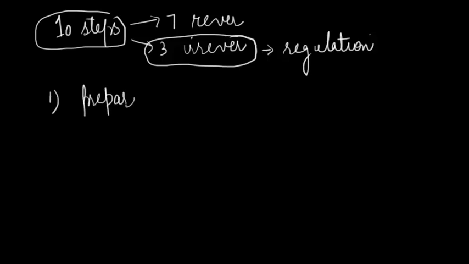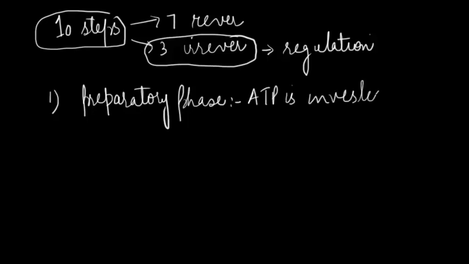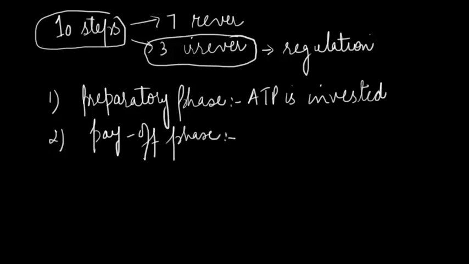First is the preparatory phase, which is also called the investing phase. It's called so because here ATP is invested or consumed, and the first 5 reactions of glycolysis are included in this phase. The second is the payoff phase, and the last 5 reactions of glycolysis are included in it, and ATP is produced during this phase of glycolysis.